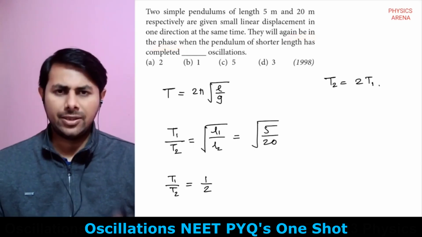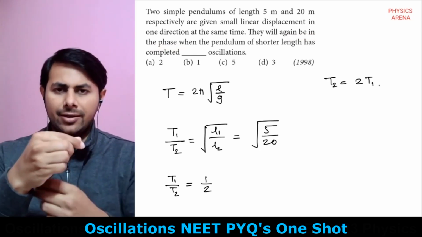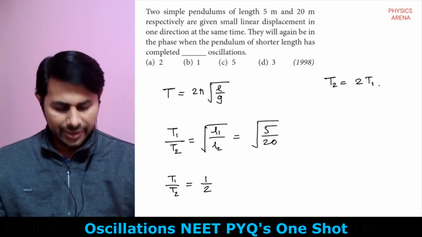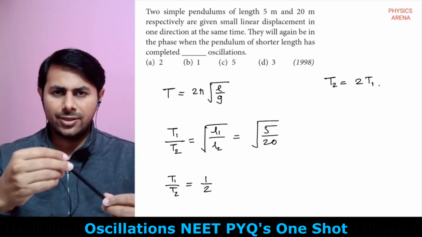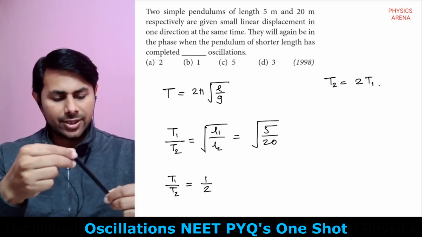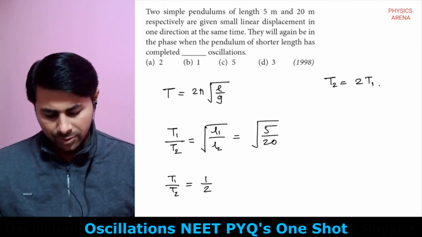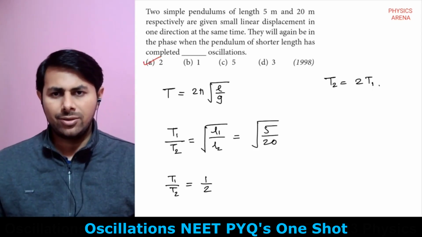That means if they start from the same position, when will they come back to the same position? When the first pendulum has completed 2 oscillations, because only then the second one will complete 1 oscillation and come to the same position, right? So the answer is option A. The first one completes 2 oscillations.